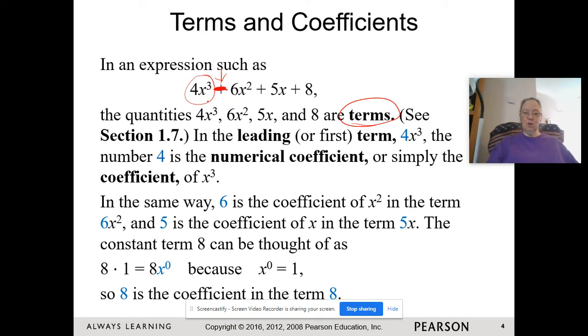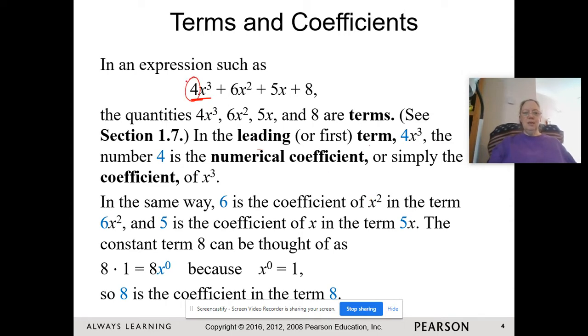So if this were subtract, this would be a term, this would be a term, this is a term, and this is a term. So this polynomial has 4 terms. The leading term, or the first term, is this one, 4x cubed.